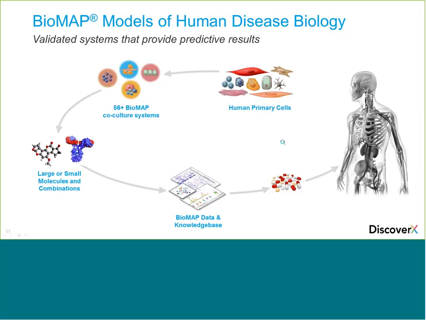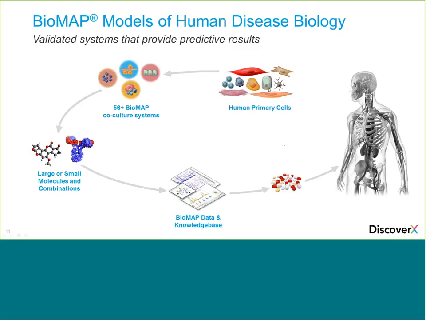And so to address this question, we've developed, as I mentioned, the human primary cell-based phenotypic screening platform known as BioMap. This uses primary human cells that are co-cultured and stimulated in such a way so as to mimic or mirror the different aspects of human biology.